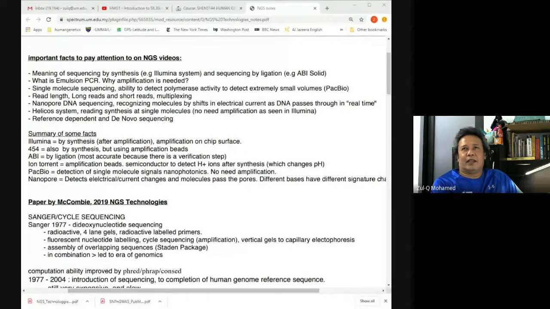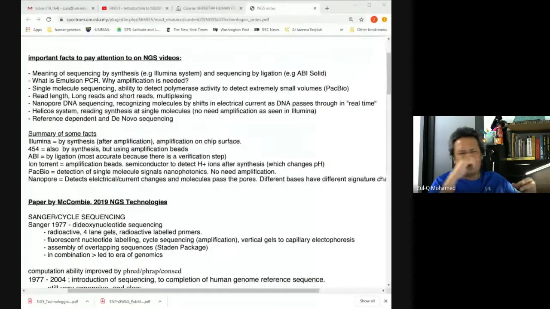So basically, it talks about the need for amplification. When you still require amplification, this is second generation. But when you don't need amplification, this is like the next generation of next generation, if you know what I mean.